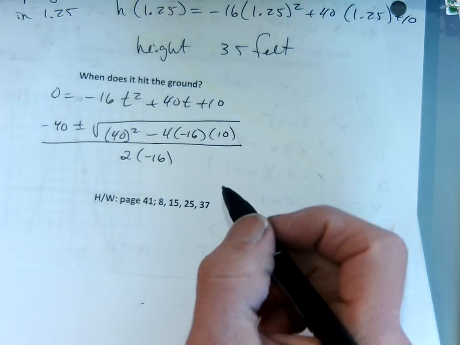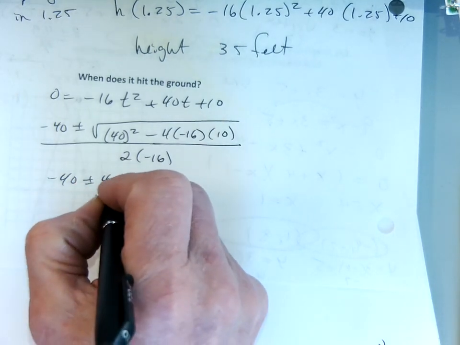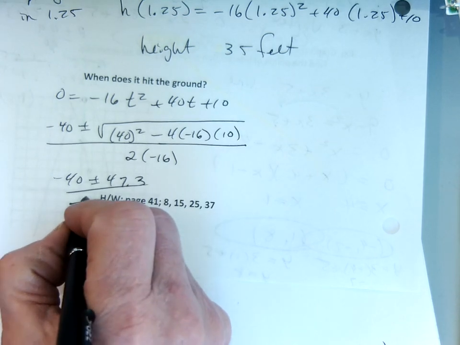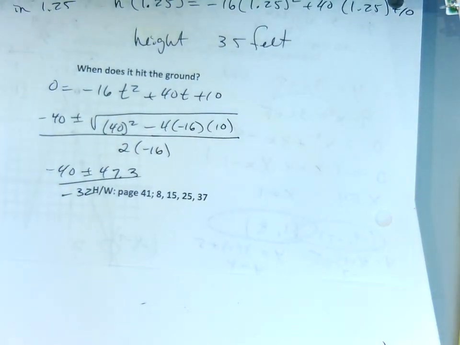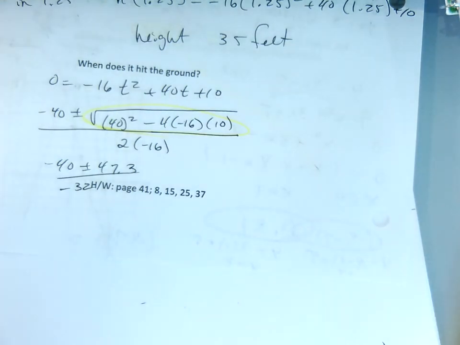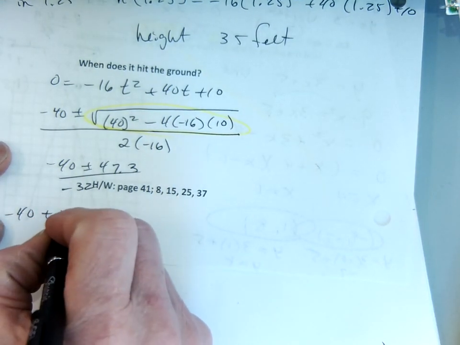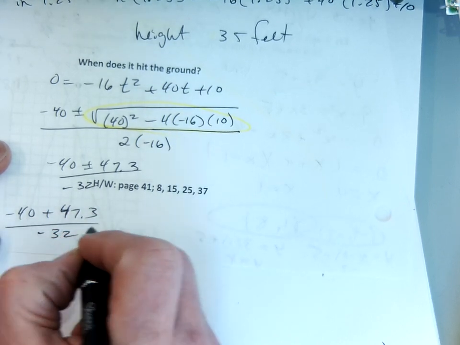Okay, so I got negative 40 plus or minus 47.3 over negative 32, right? So I just let my calculator do all of that. Bam. Just do the work for me. And then I'm going to have negative 40 plus 47.3 over negative 32.